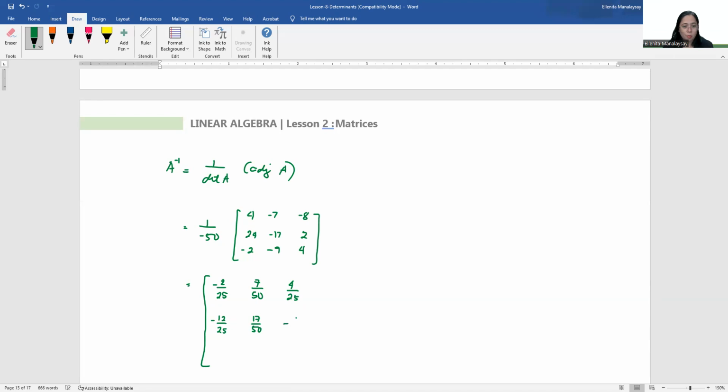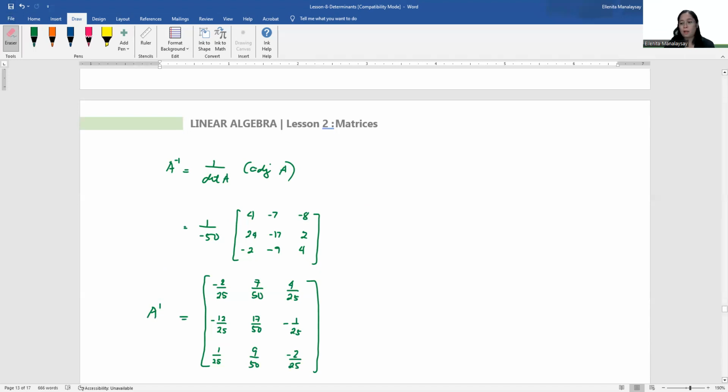Then negative 1 over 25. And then negative, negative, positive 1 over 25. Negative, negative, so positive 9 over 50. And the last one, positive, negative, so that's negative 2 over 25. Let's be careful with the sign. So this is the inverse of matrix A.